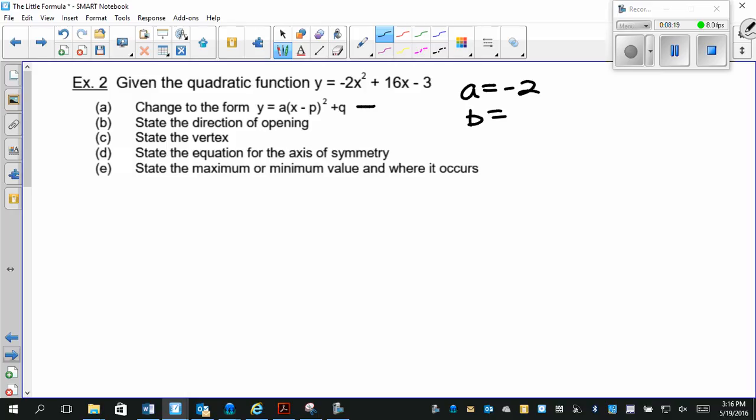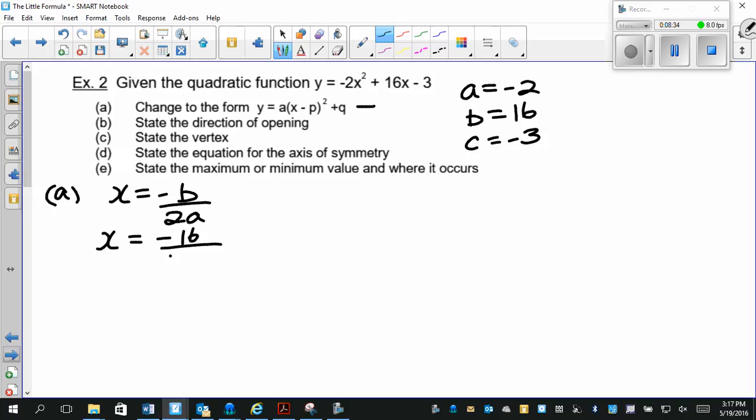And then for part A, we're going to use the little formula to start with. So x equals minus 16 over 2 times negative 2. So negative 16 divided by negative 4, x is going to be equal to 4.